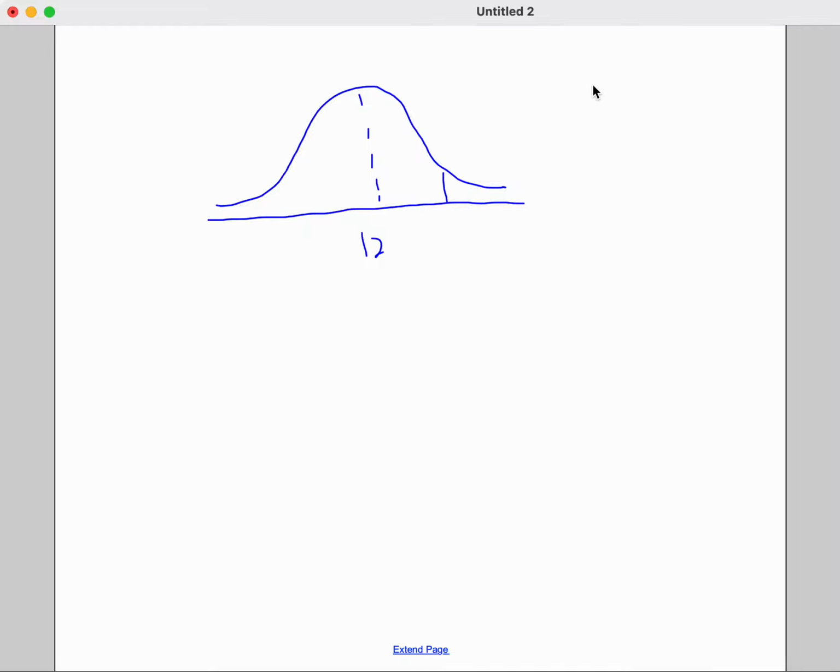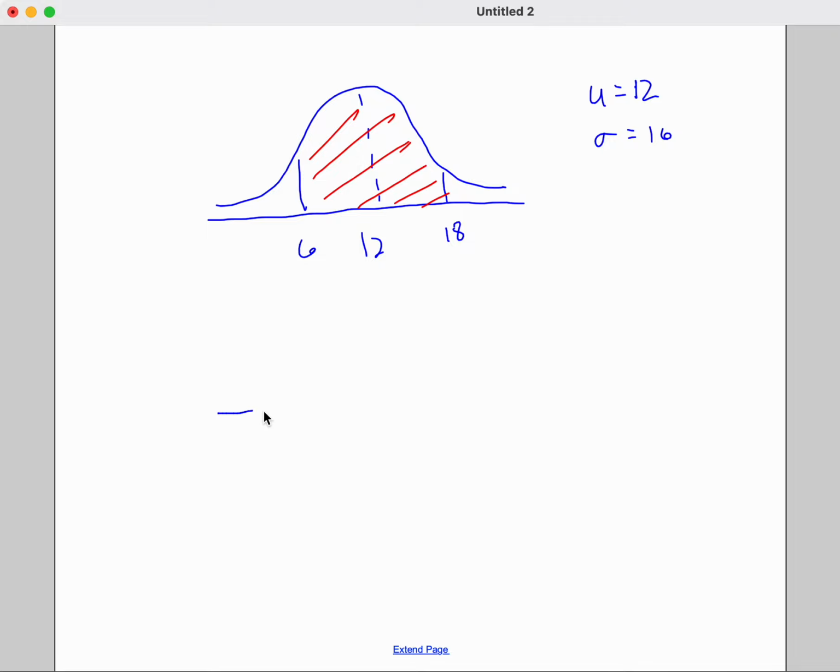If the mean is 12 and the standard deviation is 6, that means 12 plus 6 is 18, and 12 minus 6 is 6. That means all possibilities within one standard deviation are right here, plus 6, minus 6.